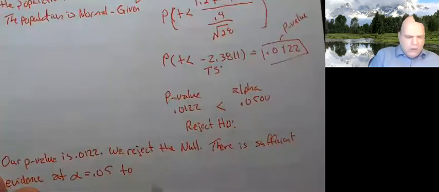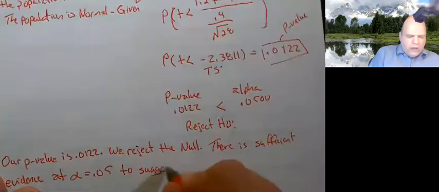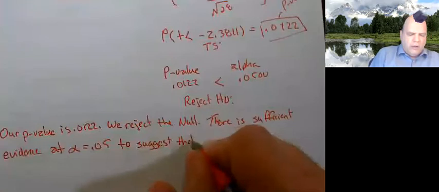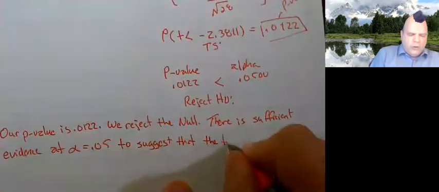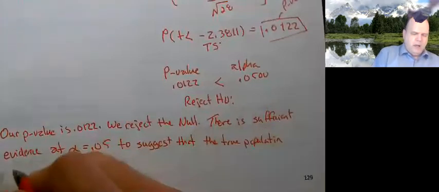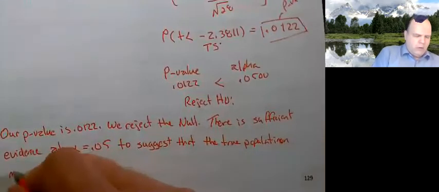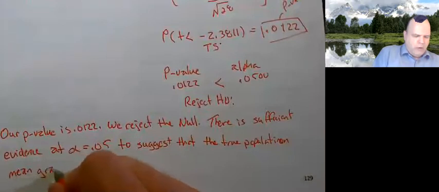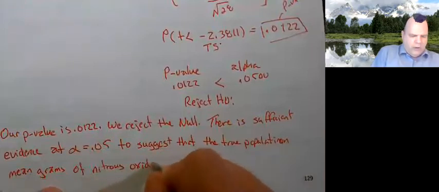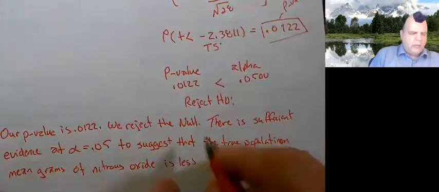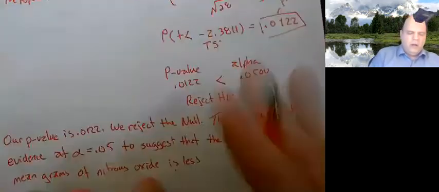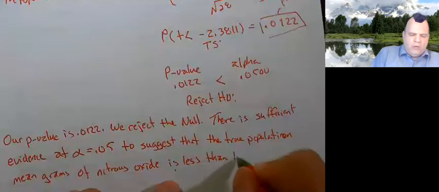To suggest, we're going to restate our definition that we wrote earlier to suggest that our definition was the true population mean grams of nitrous oxide is less, by the way, is less, that's what that says, is less than 1.45 grams.